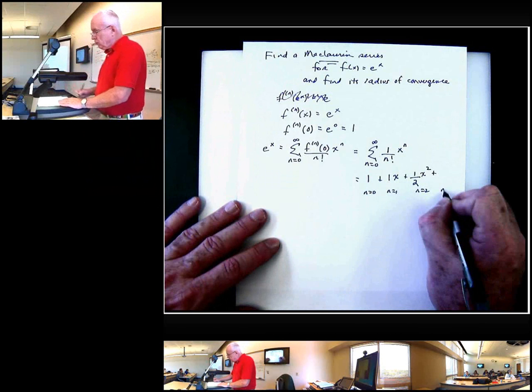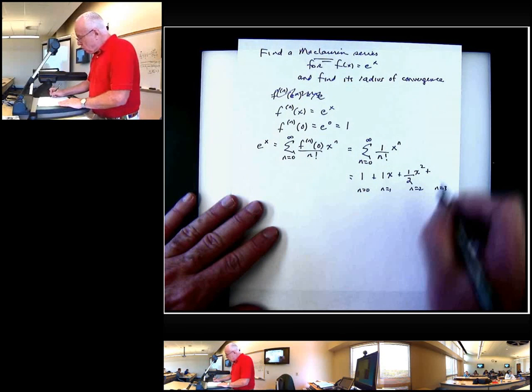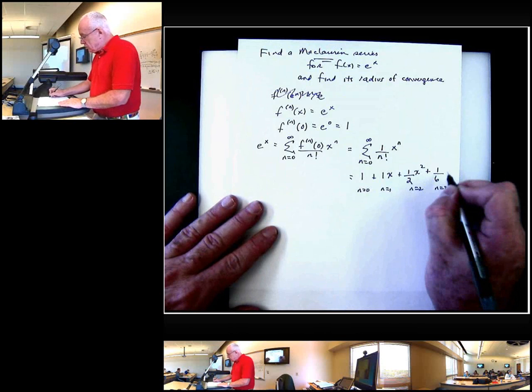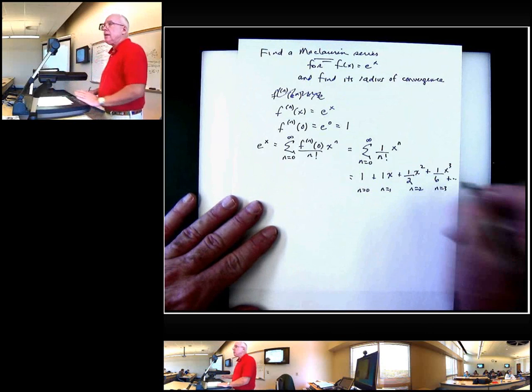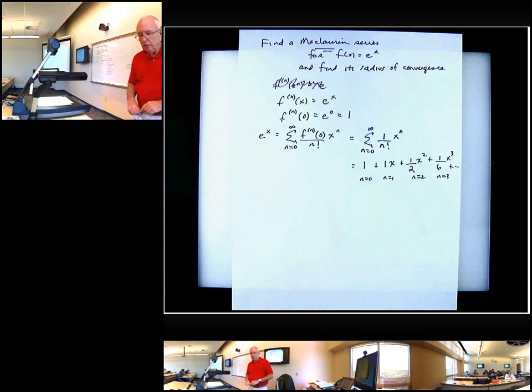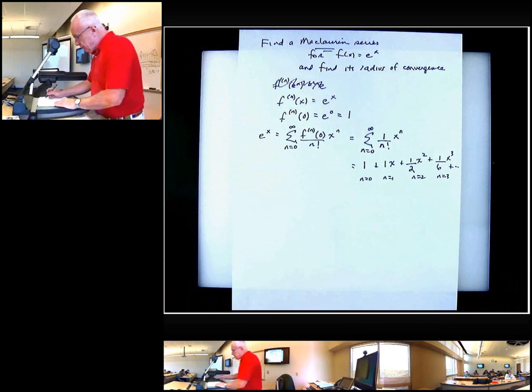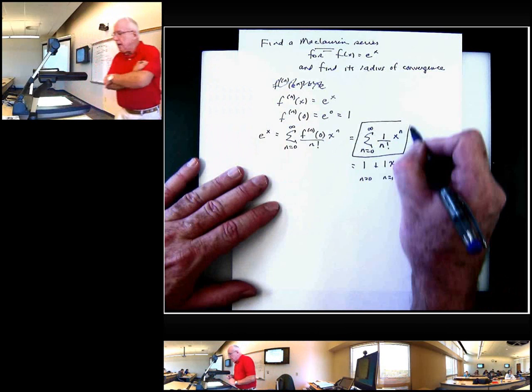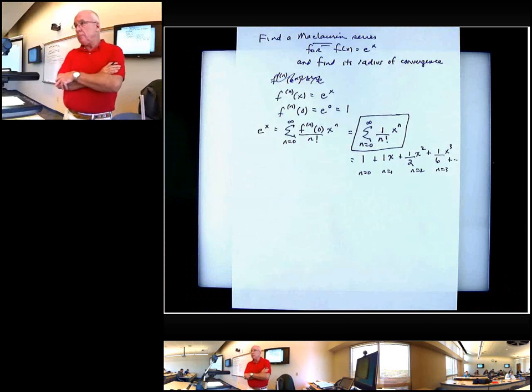When n is equal to 3, it's 1 over 3 factorial, which is 6 times x to the third, etc., like that. Okay. So this right here is the answer to the first part about finding a Maclaurin series representation.